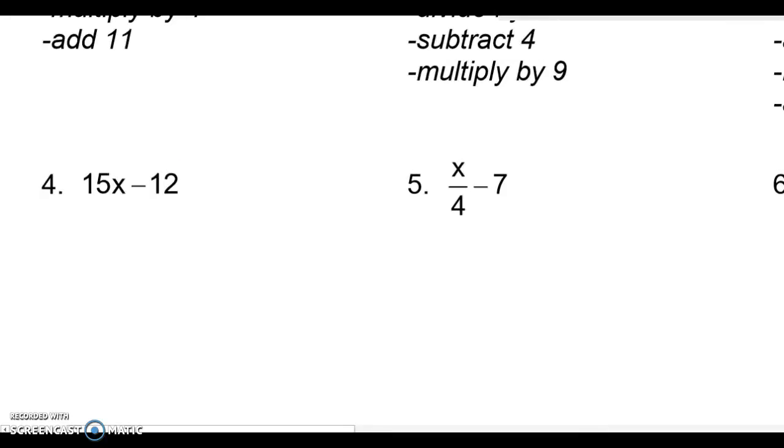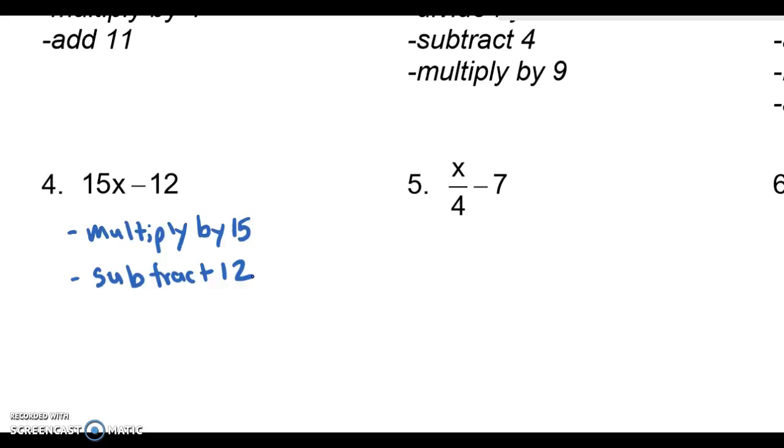I'm taking 15 times x. So my first step is to multiply by 15. Once I have that, that's 15x, I'm taking 12 away. So let's subtract 12. That gives us our expression. 15 times x, subtract 12.